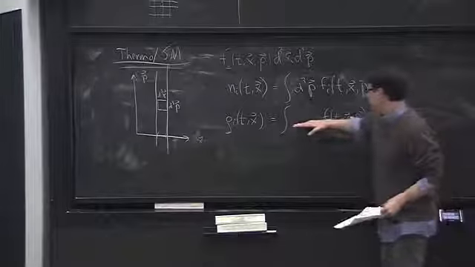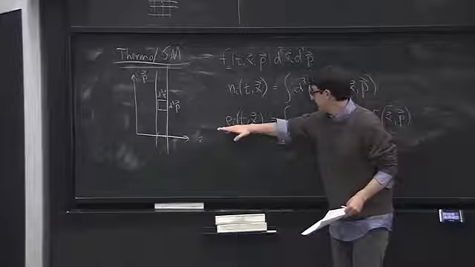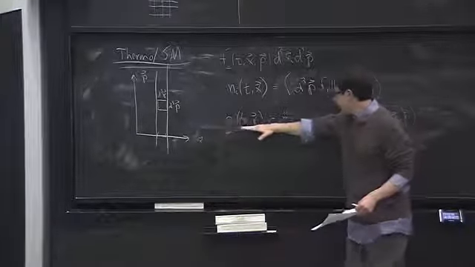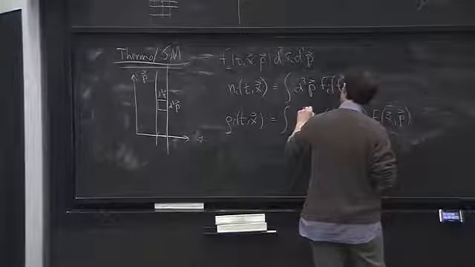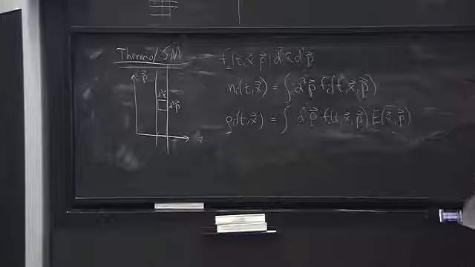And then again, since usually in cosmology we're interested in the energy density per physical volume, not volume in phase space, we want to integrate over the strip in the momentum direction.